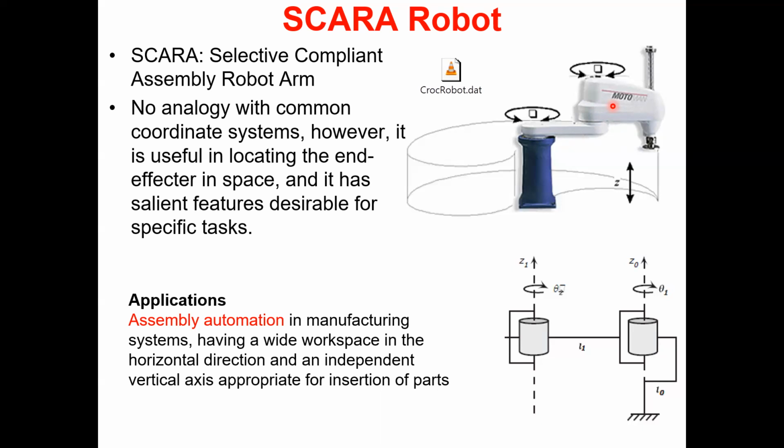Gravity is not actually seen by the motor because gravity works vertically downward. And the actuator here handles torques around the vertical axis. So there's no gravity around the vertical axis. It's along the vertical axis, not around.